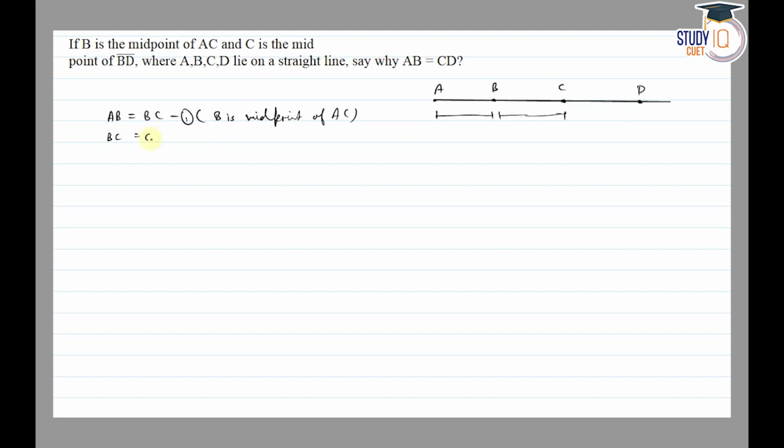BC equal to CD हो जाएगी हमारी इक्वेशन 2. रीजन हो जाएगा C is midpoint of BD.